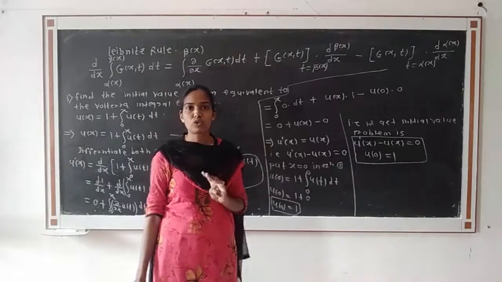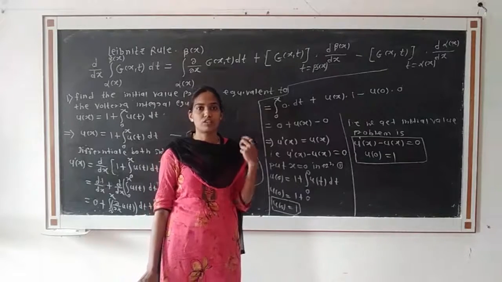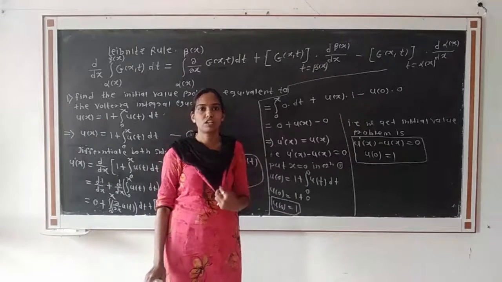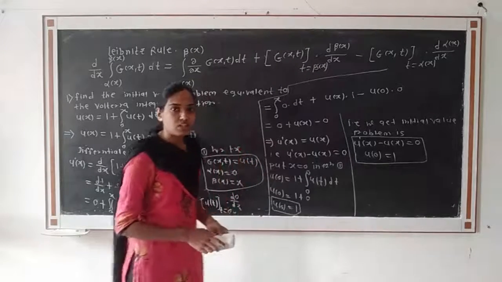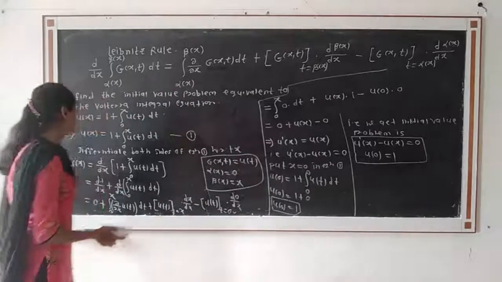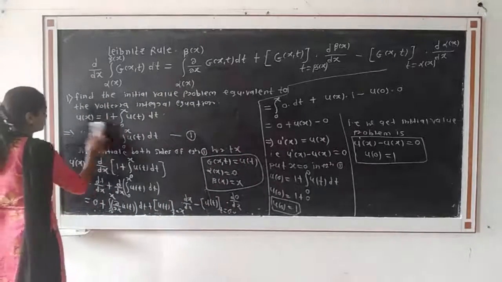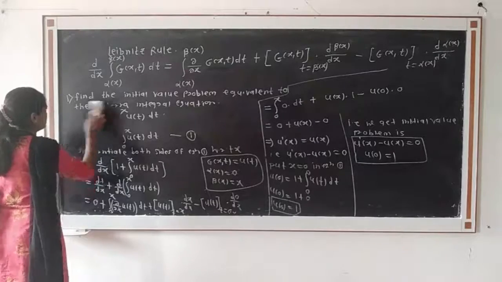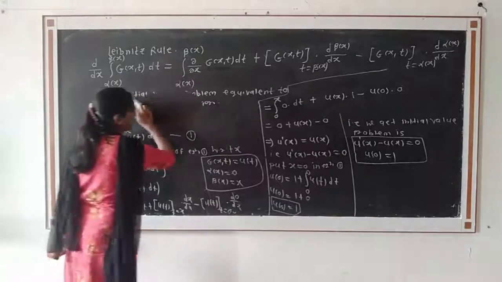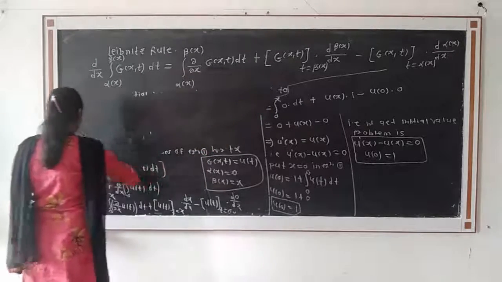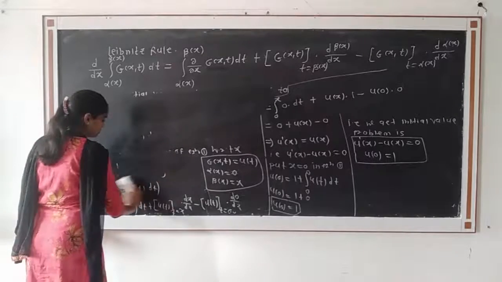Then we get the two initial conditions for the second order differential equation. We see that type of example. Example number 2.